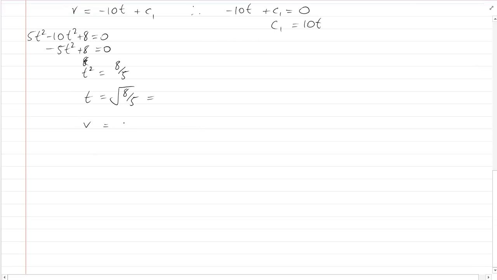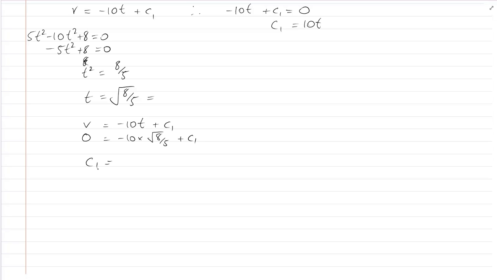v equals negative 10t plus c1, and we can substitute in 0 equals negative 10 times the square root of 8 over 5 plus c1, and we come out with c1 is equal to, and I'm just going to calculate this on my calculator. So I am doing the square root of 8 divided by 5, and I'm getting that times 10, and I get 12.65.